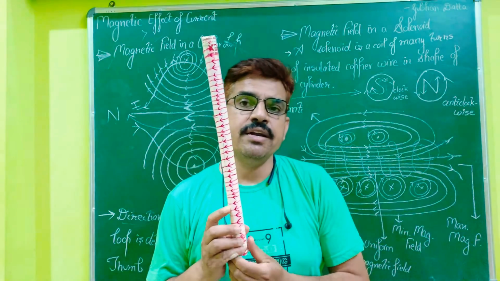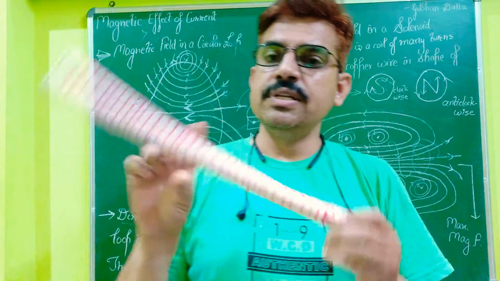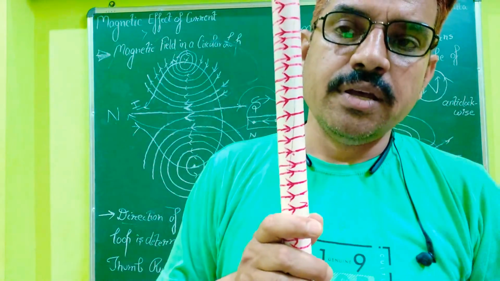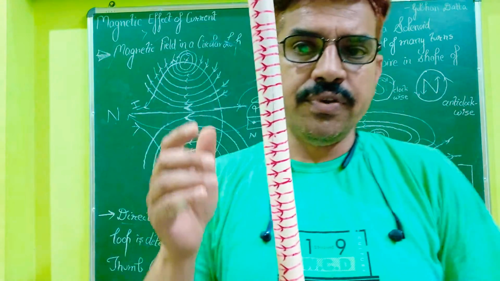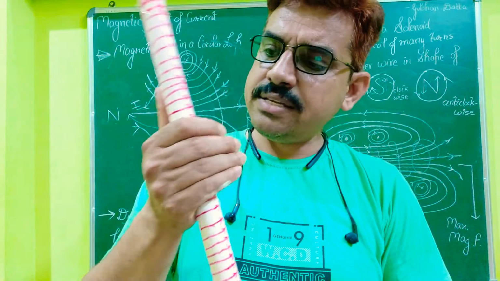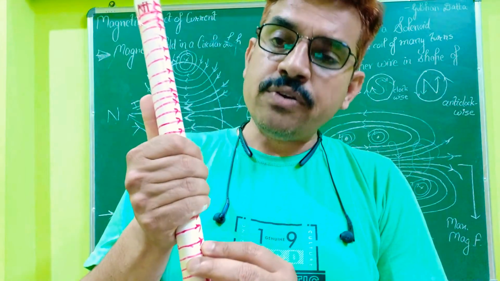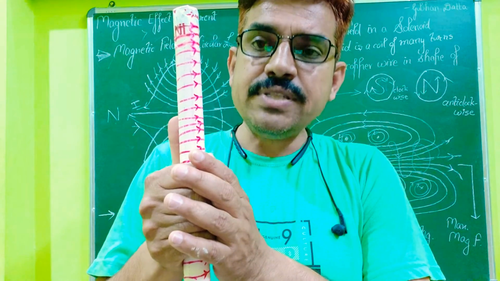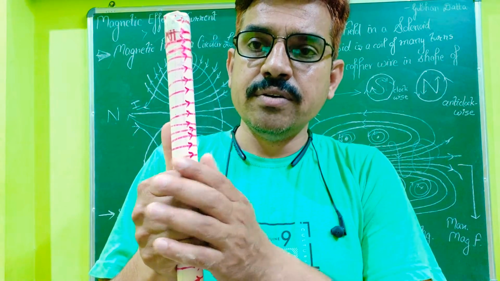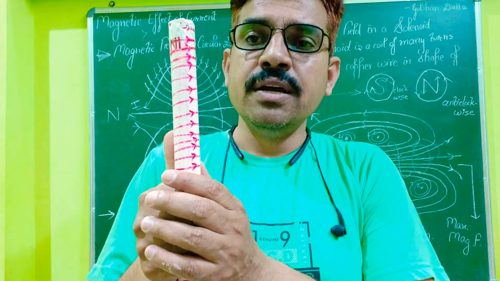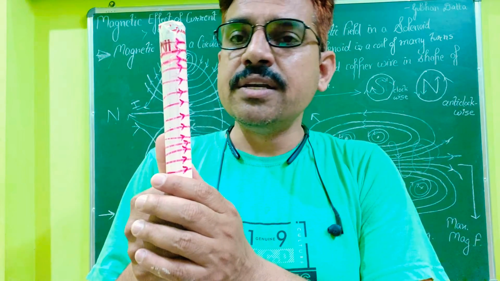So if we see here, we can see the arrows. These are the arrows, and if I hold my fingers in this way, curled in the direction in which the arrows are, that is the direction in which the current is flowing.